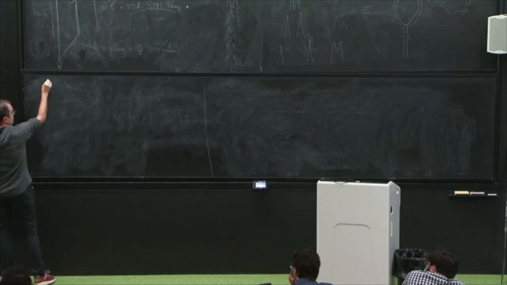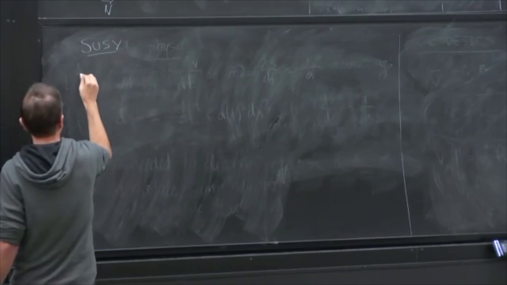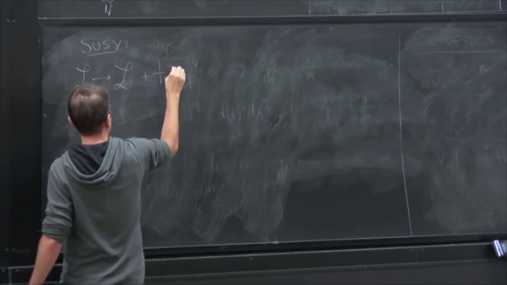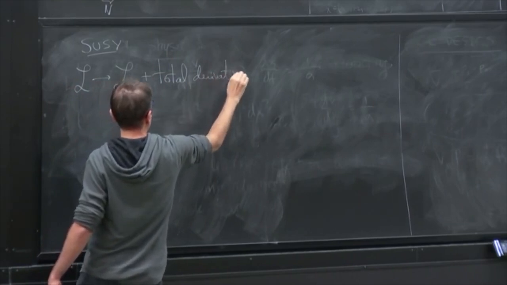Supersymmetry is a statement that the Lagrangian goes to the Lagrangian plus a total derivative. So it's basically a symmetry.